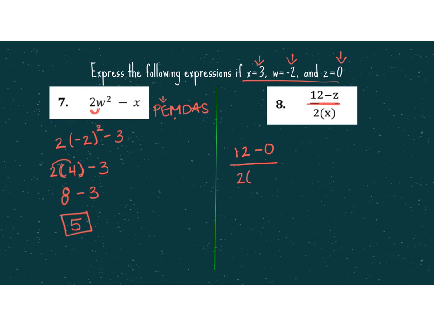When I look at my x, I have a 3. If we were to simplify that, 12 minus 0 is still 12. And then 2 times 3 is 6. And I'm not done yet because I can't leave it at 12 over 6, since I can reduce that even more. So 12 divided by 6 is 2. So my final answer on that one would be a 2.